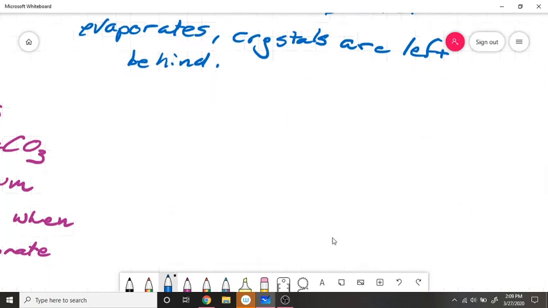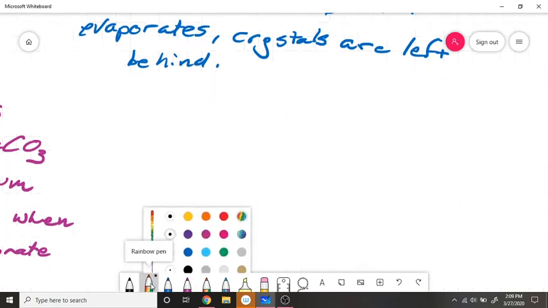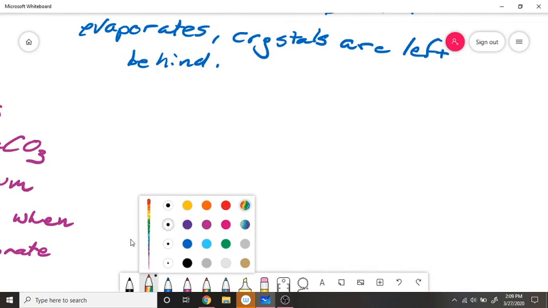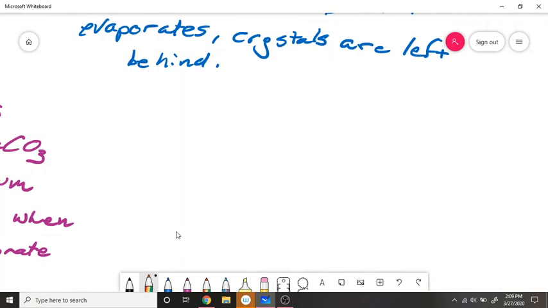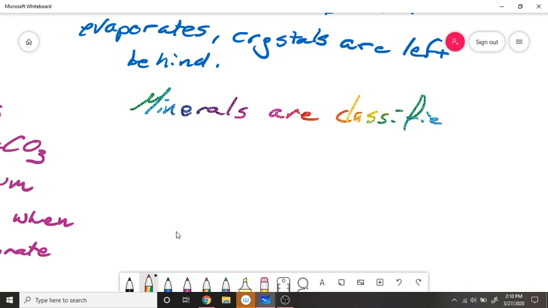So that being said, how, of my 4,000 different types of crystals, can I keep track of what kind of crystal is what? So, minerals, sorry, I said crystals. Minerals are classified based on a number of criteria.